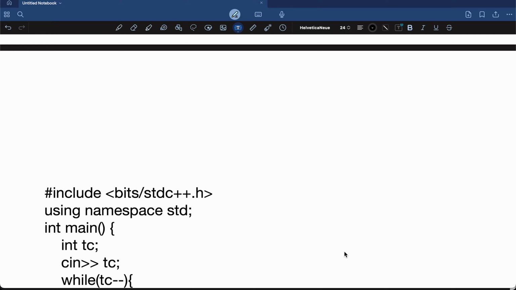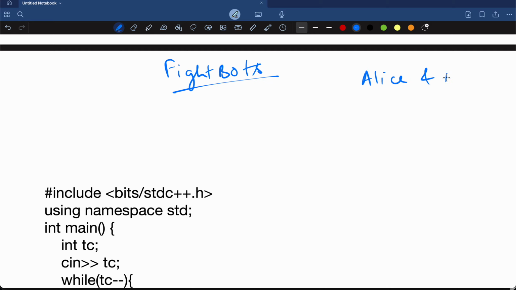So guys, let's discuss the problem Fightbots from a CodeChef contest. It is saying that there are two players, Alice and Bob, and both have robots. Alice's robot starts from 0, 0, and Bob's robot starts from a coordinate given to us, x and y.